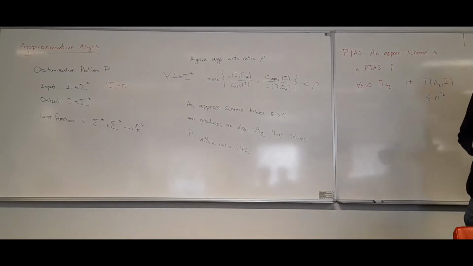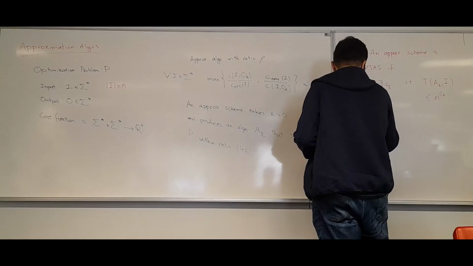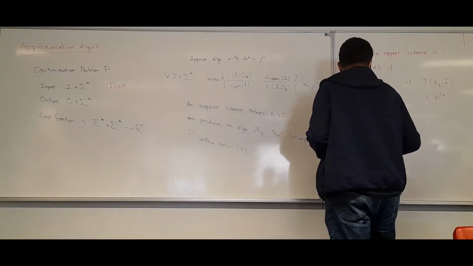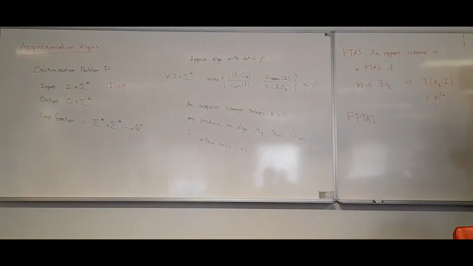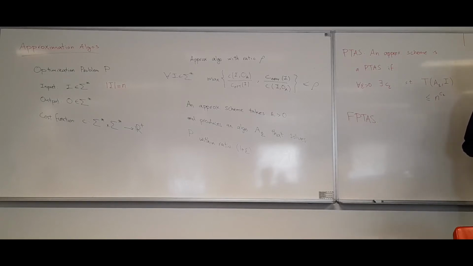Now we have another thing which is called FPTAS. And FPTAS stands for fully polynomial time approximation scheme. And by fully polynomial time, I mean that it's polynomial not only based on n, but also based on epsilon.